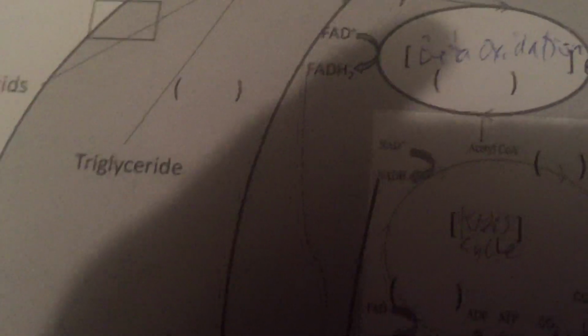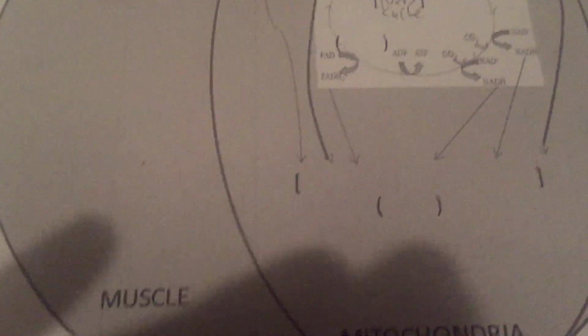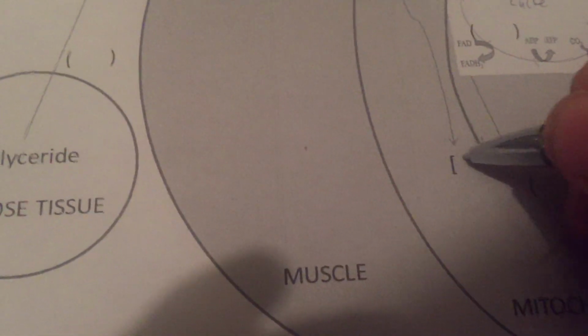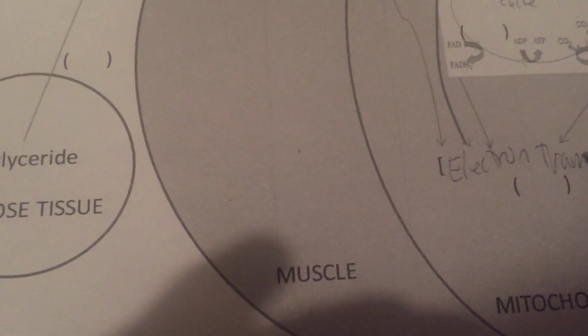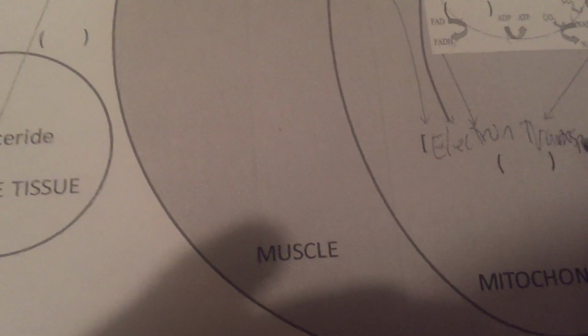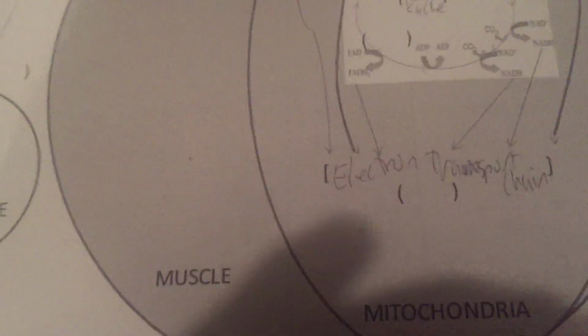That's the Krebs cycle. And this one down here is your electron transport chain. Again, you would have filled that in for the carbohydrate electron transport chain.